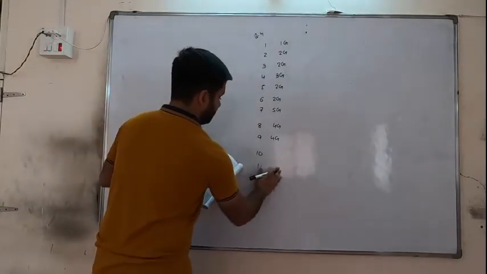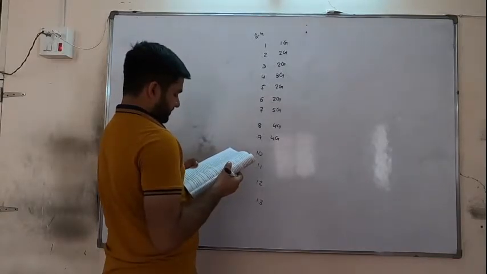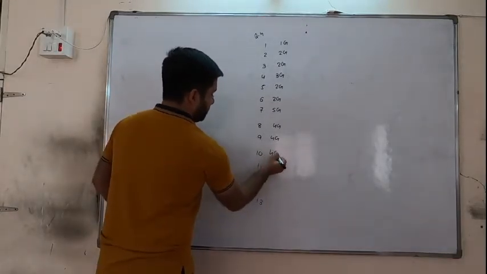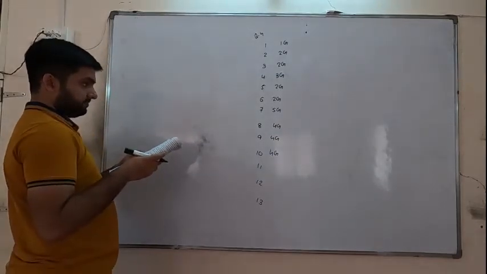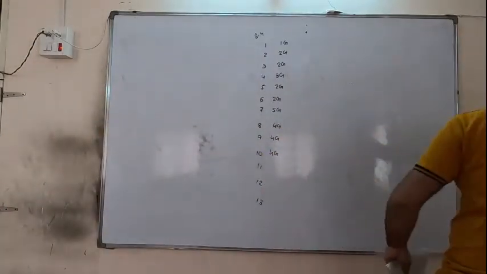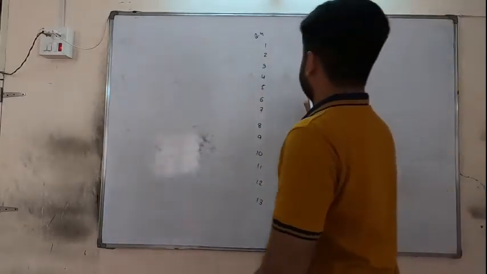Sum number 9 is of 4G, 10 is also of 4G. Okay, sorry, I have made some mistake in writing. Once more I will write.